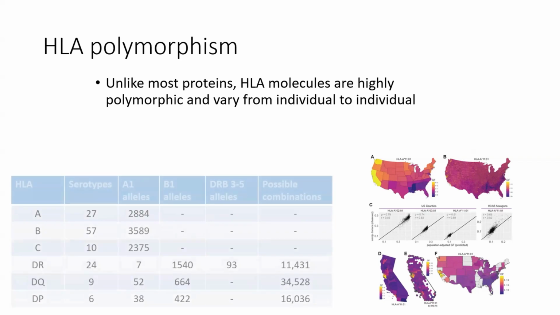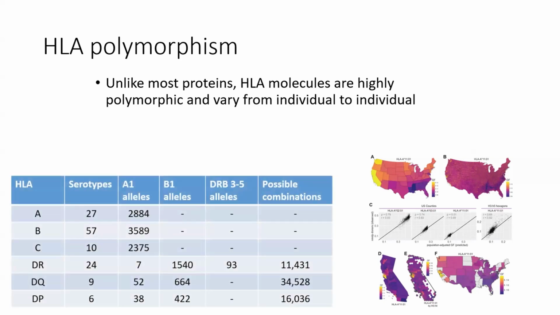I think this is underappreciated, but look at the one on the right. This just looks at the frequency of HLA molecules. It's unusual for a country to have this degree of heterogeneity in the expression of these molecules. You can think of why this is so common in the US, because it's a very diverse population.